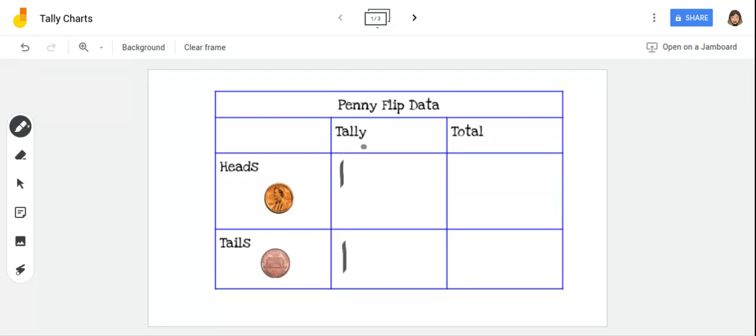And you'll see as you practice this how tally marks make it nice and easy for you to keep track of how many times you flipped a heads or you flipped the coin on its tails. And when you're all finished, you're going to count how many tally marks you have and put it in your total column. And it's okay if you need a little help to do this.